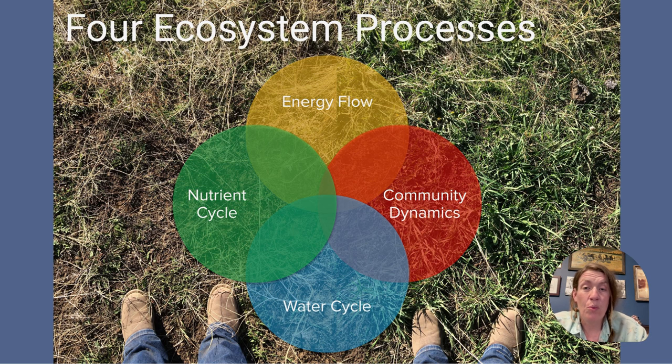First, we have the water cycle, which is the movement of water from the atmosphere to the soil or oceans, where it nourishes plant and animal life, and eventually back to the atmosphere. We have the mineral cycle, which is the movement of mineral nutrients from soil to plants and animals, and then back to soil again. We have community dynamics or succession, or you can think of this as biodiversity, which is the ever changing dynamics within a biological community.